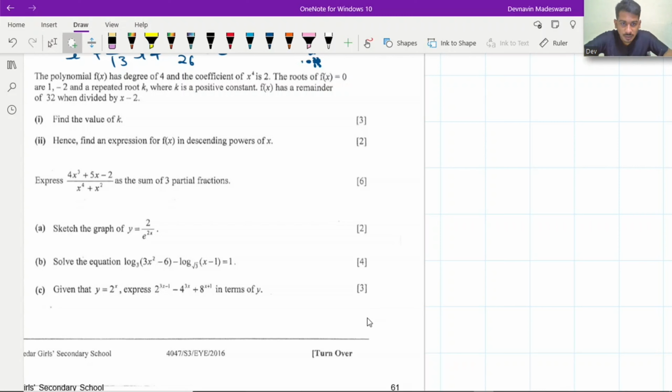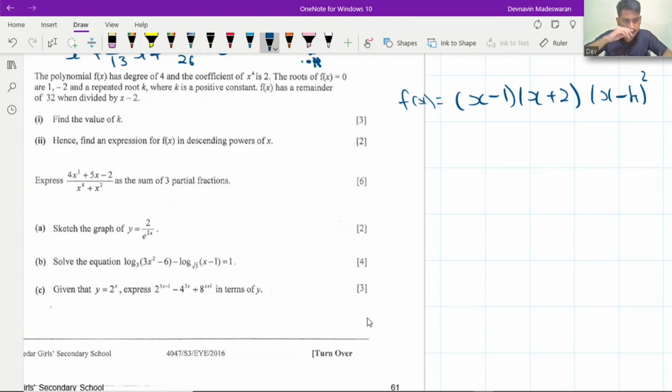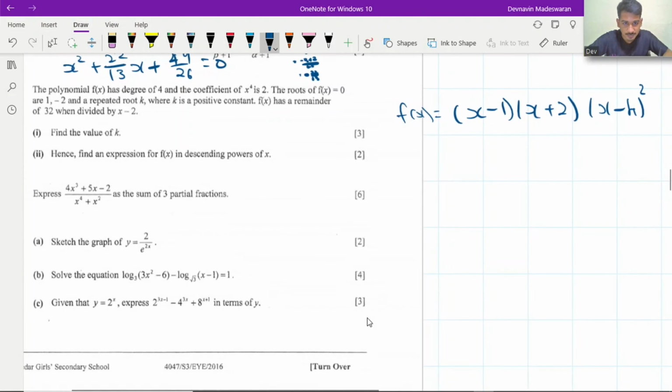Okay, so we know, wait, sorry. f(x) is equal to x minus 1, x plus 2, and then x minus k squared. This is from the information they've given us.